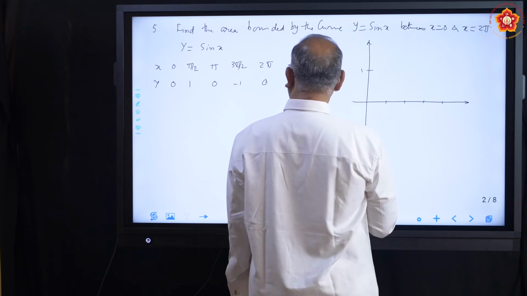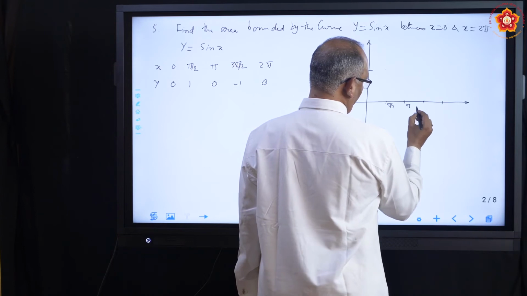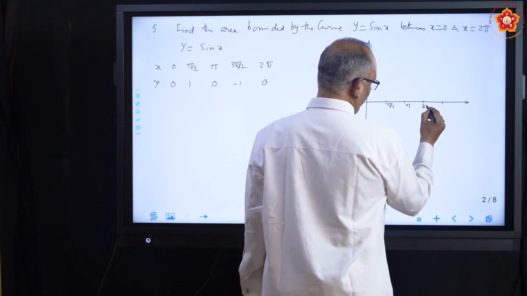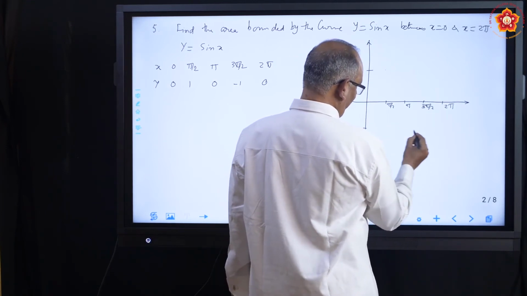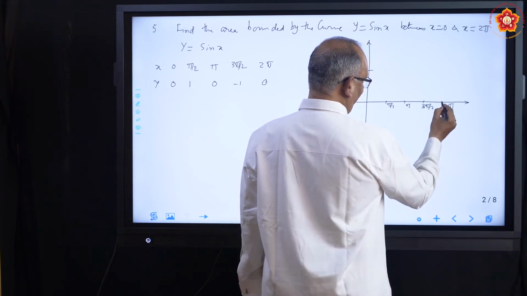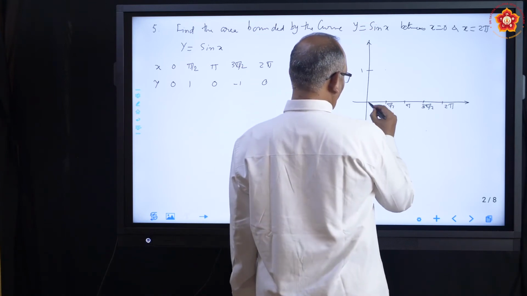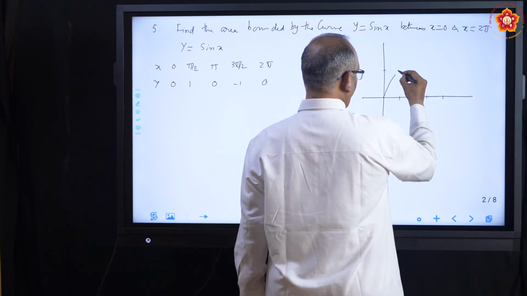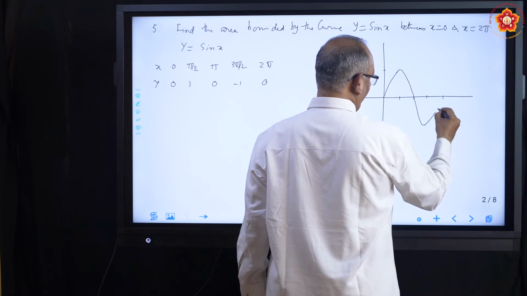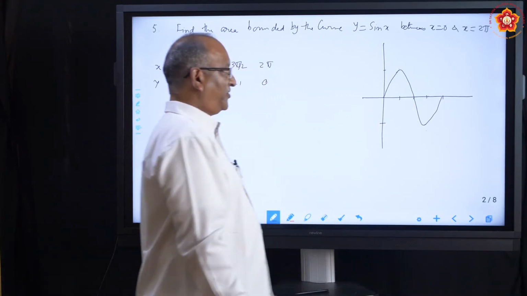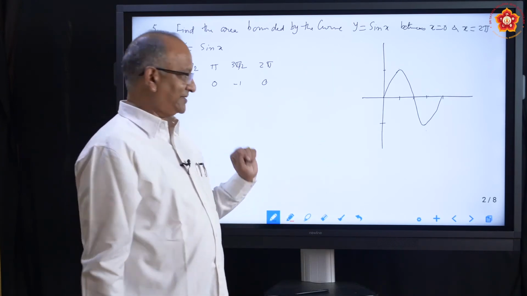Then it is 0. For 3 pi by 2 it is minus 1, and then for 2 pi again it is 0. So see the graph. The graph goes somewhat like this. Some part is above the x-axis and some part is below the x-axis.